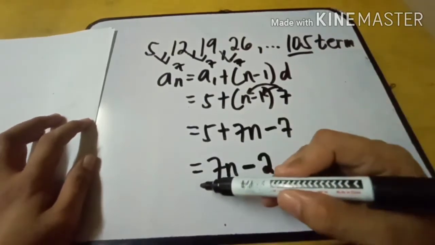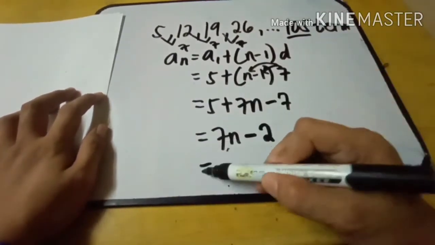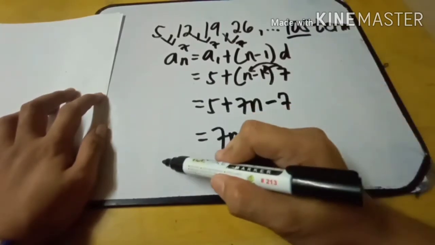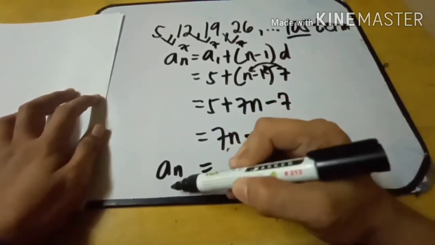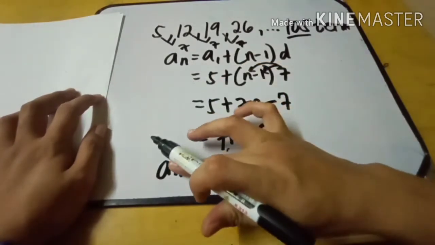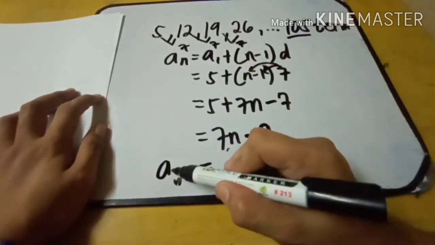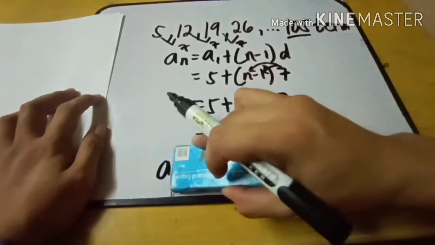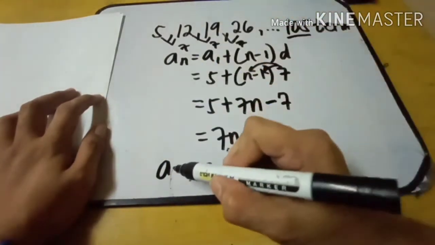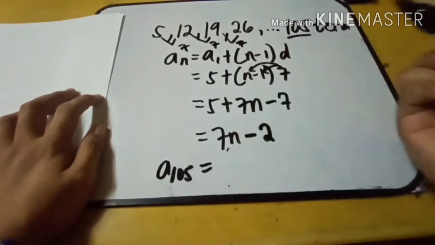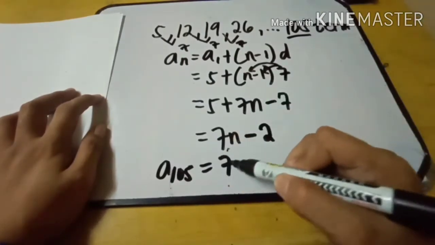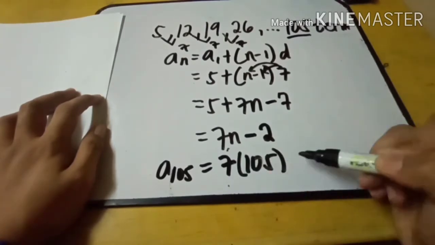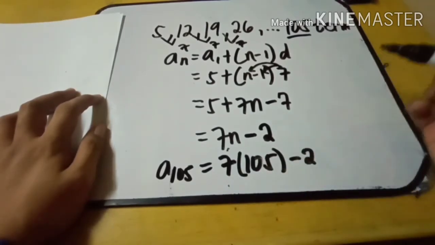So simply we substitute 105 to the variable n. So instead of a sub n, we can substitute automatically the term number, which is 105. I have 105. Then 7 times our n, which is 105, minus 2.